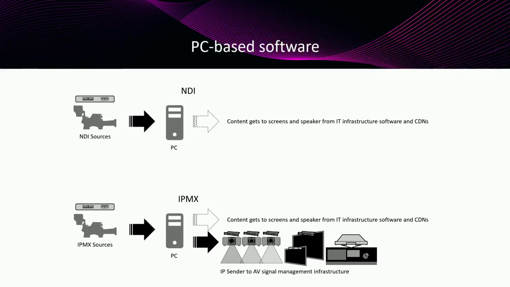But the network output of this PC can also be a valid IPMX source to a bunch of receivers, like those displays that we just showed in the previous slides. You can hit those IPMX displays with a native IP stream, and you could use an AV routing solution to conveniently route your IPMX to that screen or that speaker, or do the AV signal management part really conveniently.